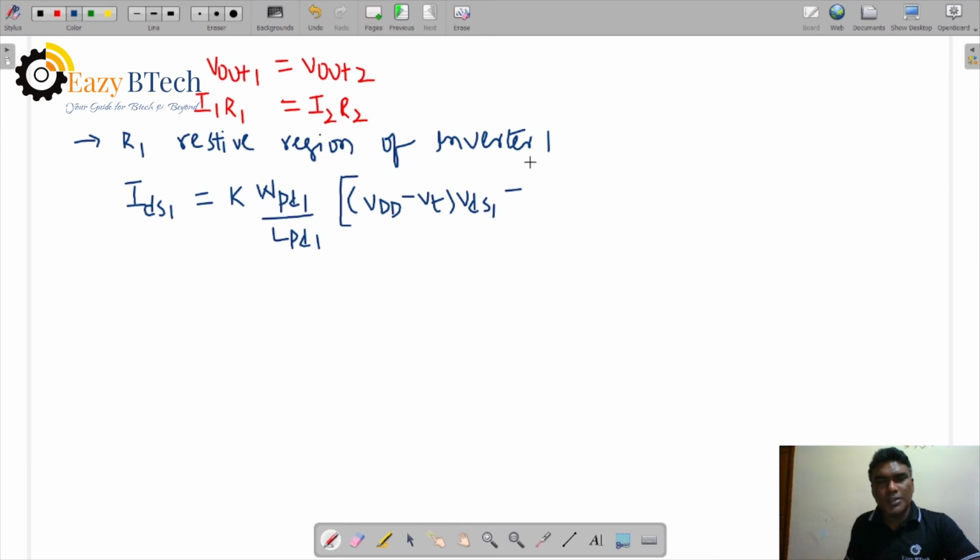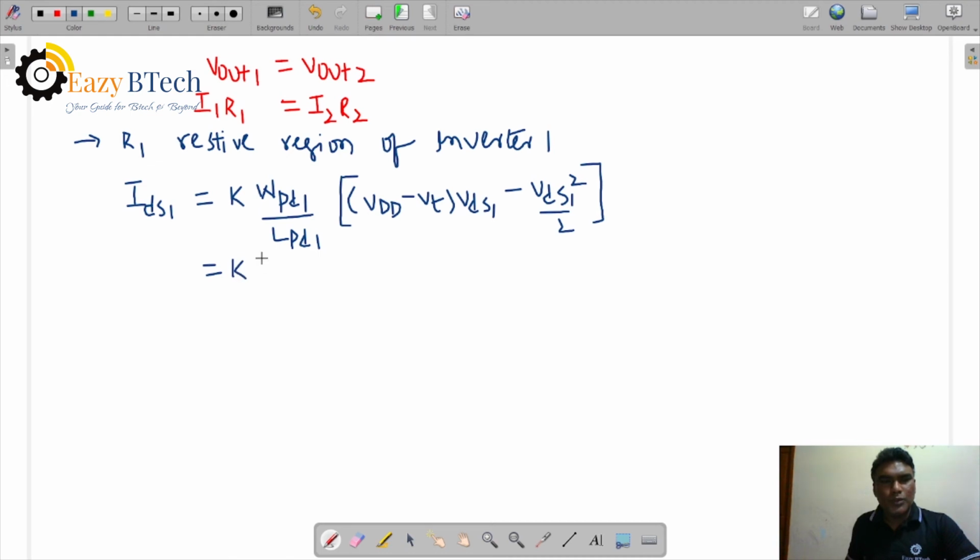It is non-saturation. Resistive region means the flow of current is low, so the resistive region means the non-saturated region. We derive this non-saturated region. Now from this, take this VDS1. We are going to find out this resistive region R1.